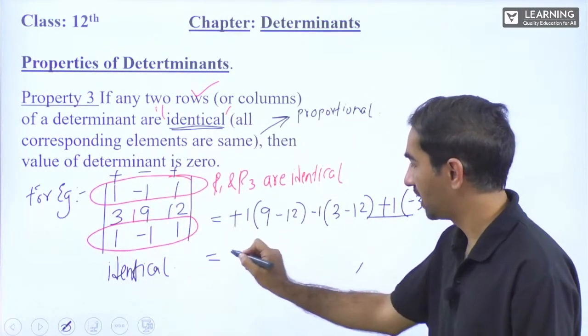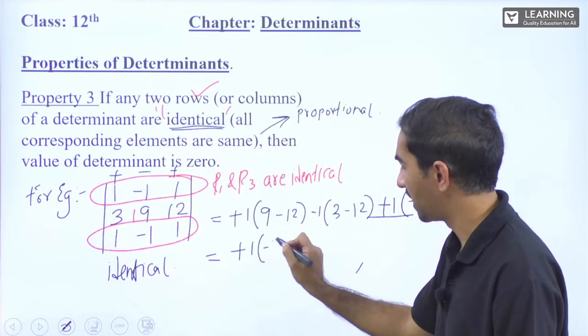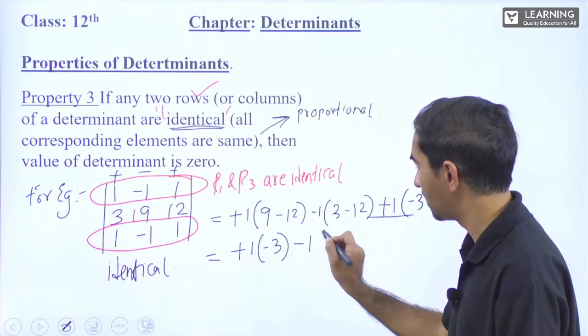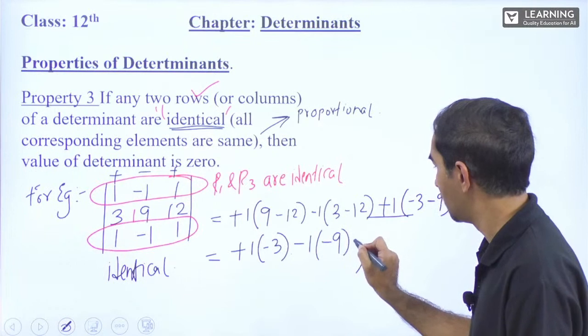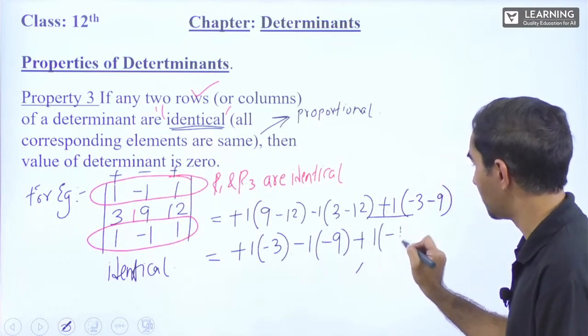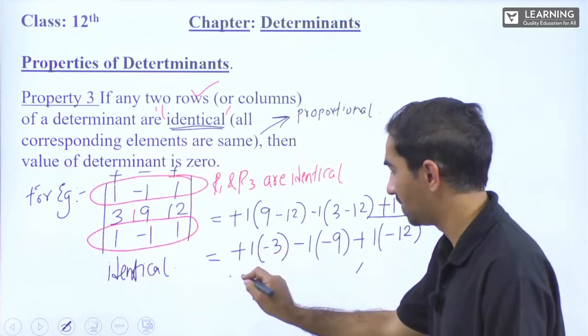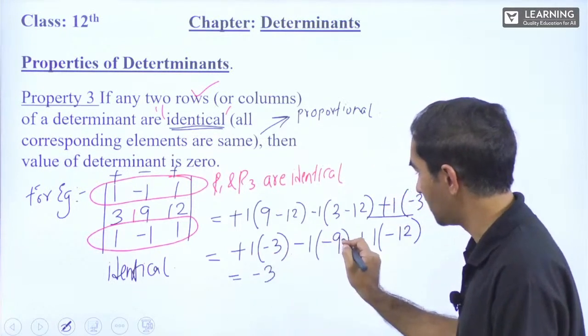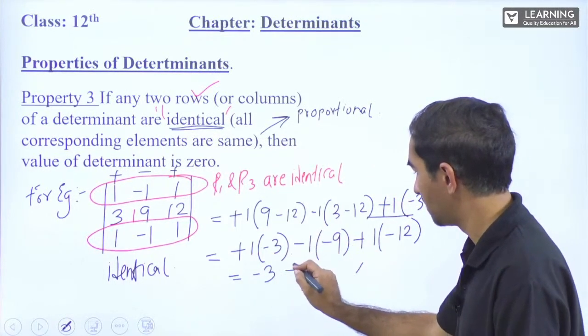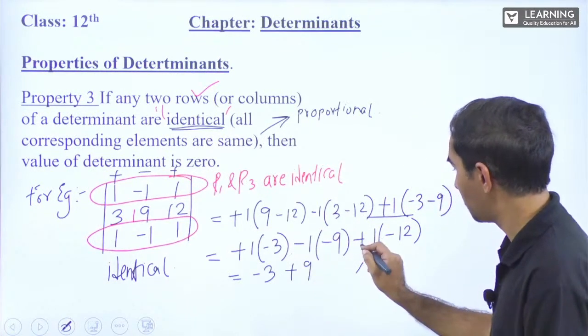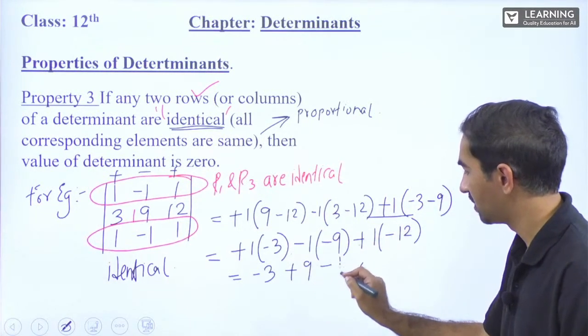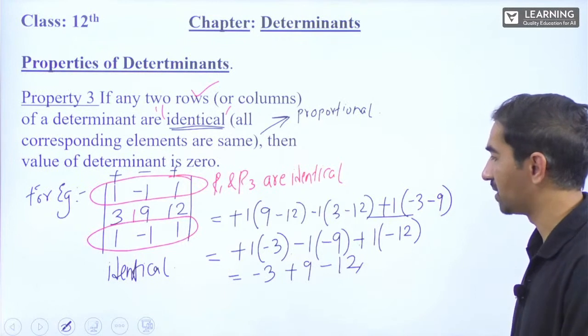Simplifying this further, what we'll get? Plus 1 of minus 3, minus 1 of minus 9 and plus 1 of minus 12. Minus 3 into 1 is equal to minus 3. Minus 9 minus 1 plus 9, plus 1 into minus 12 will be getting minus 12.